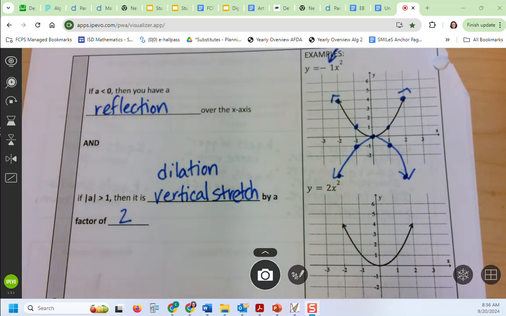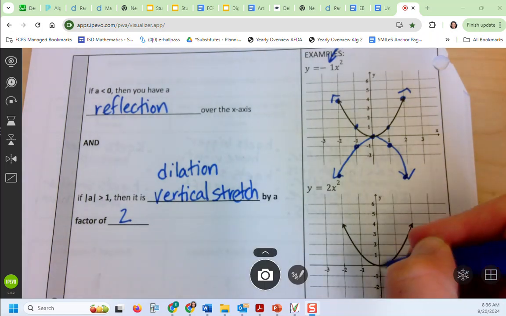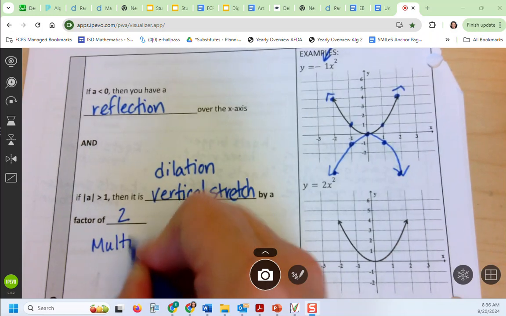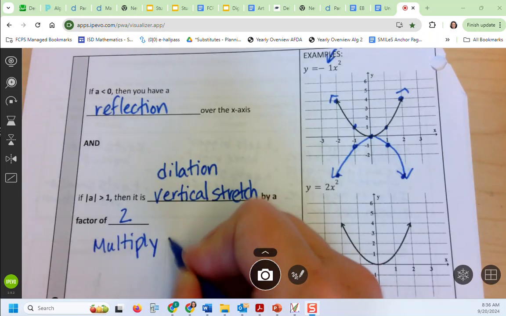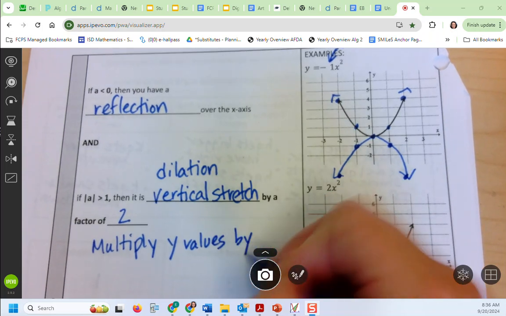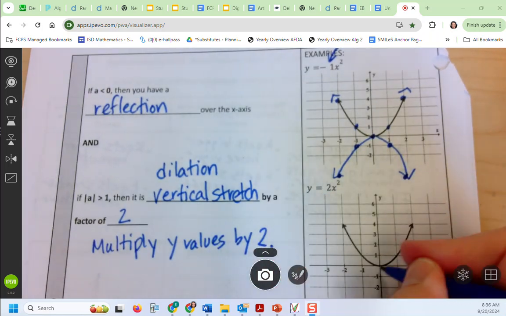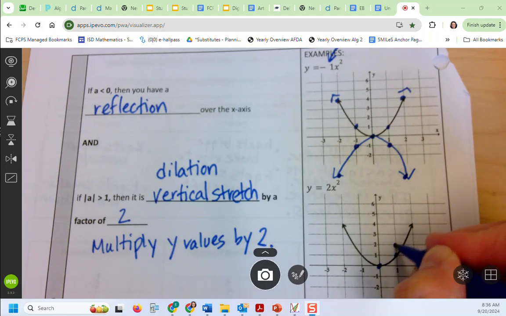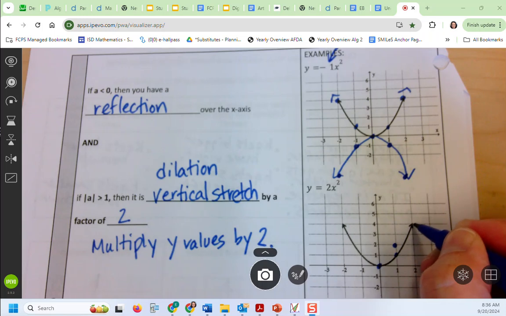So when you dilate by a factor of 2, here's what happens. Multiply your y values by 2. 0 times 2 is still 0. 1 times 2 is 2. 4 times 2 is 8.